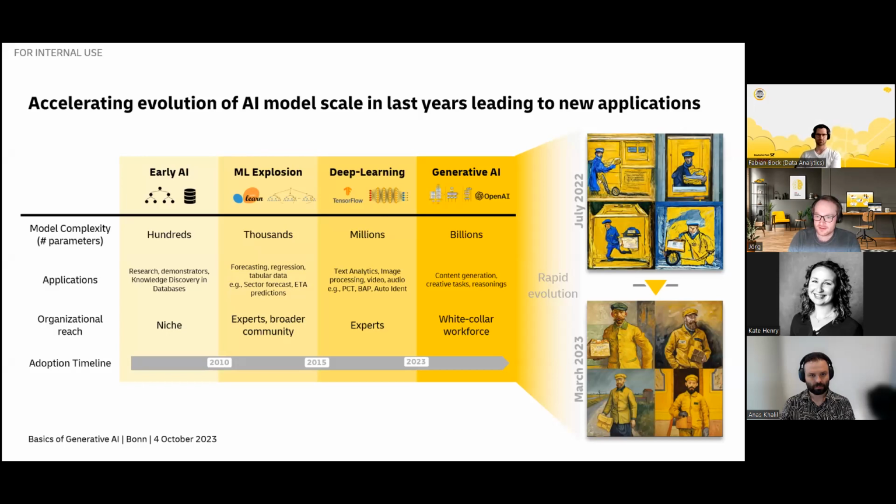Then in the 2010s, it started with the term big data, I would say. Suddenly people became aware, oh, we've got these vast databases of data, and we've got some new methods, like, for example, boosted regression trees and some libraries which make it really easy to deal with this data.